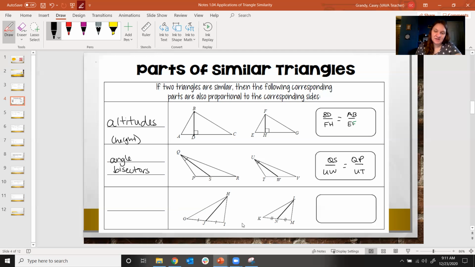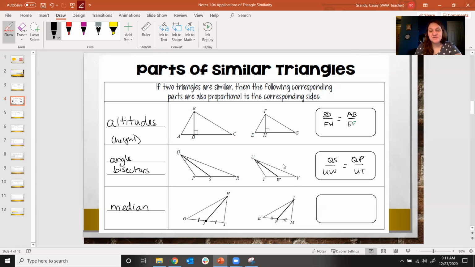The other type of line that you might see in similar triangles here are called medians. A median connects the midpoint of one side to the opposite vertex. So J is a midpoint because GJ and JI are congruent. N is a midpoint because KN and NM are congruent. When those midpoints connect to the opposite vertex, I call that a median.